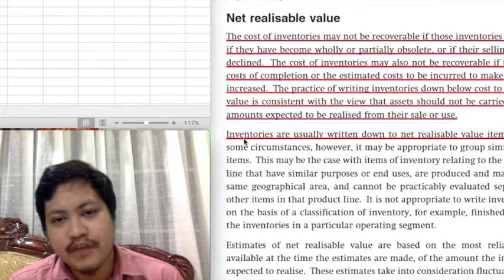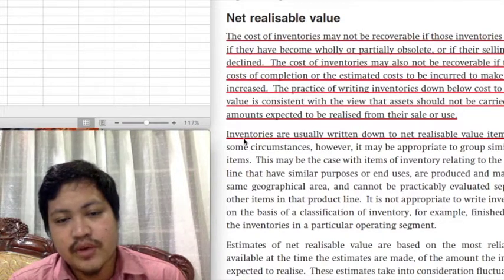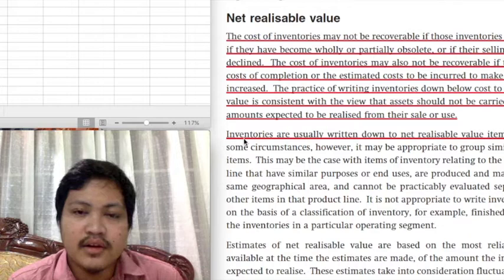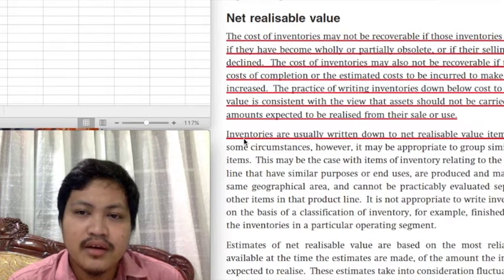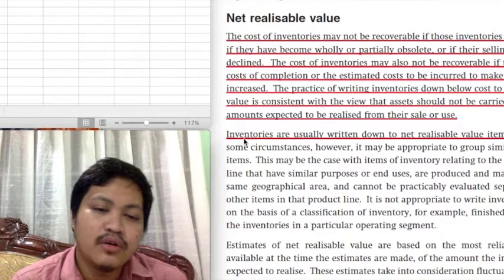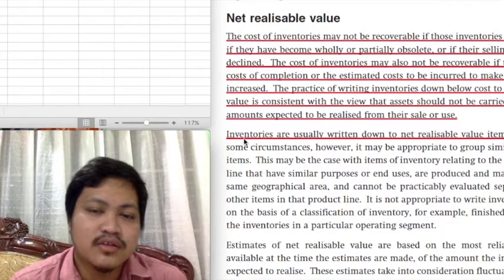Now, before going any further, I'd like to bring your attention to the simple explanation given by the standard as to why and when the recoverable amounts of the inventories would become lower than their cost.